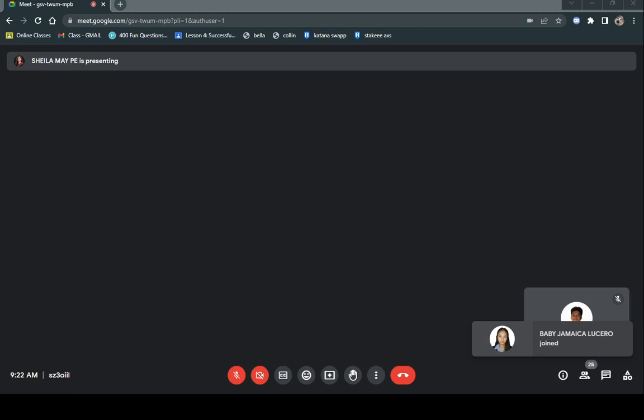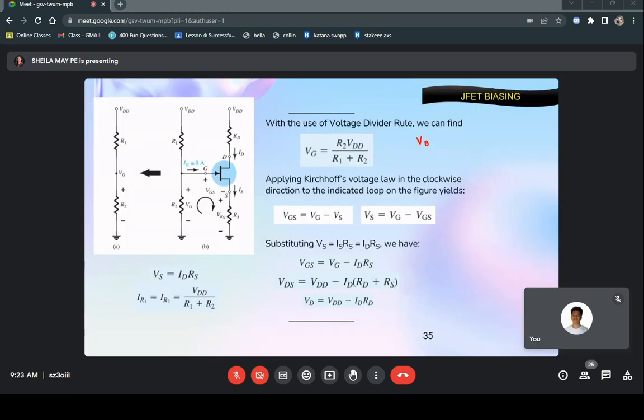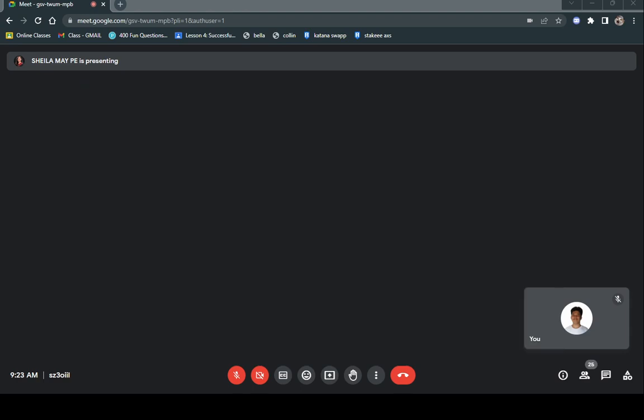Now remember for our BJT, sa atong BJT class, it's VB, which is also equal to our ETH, which is also equal to the voltage drop across our R2 resistor. And it has a formula for BJT of R2 VCC over R1 plus R2.